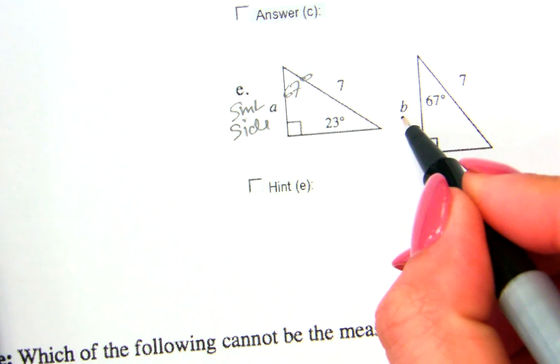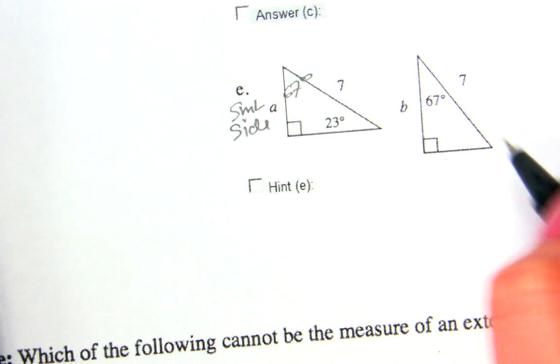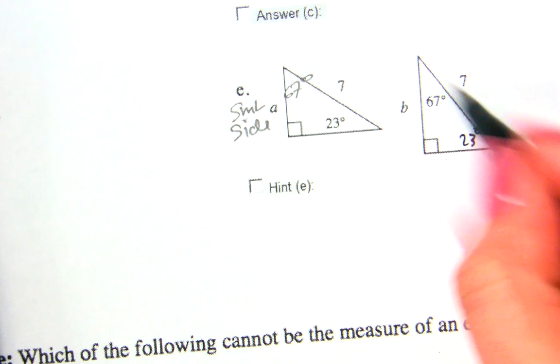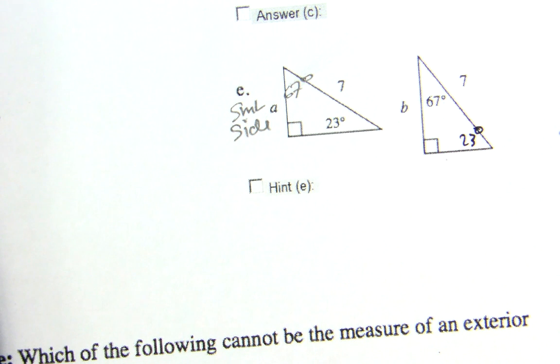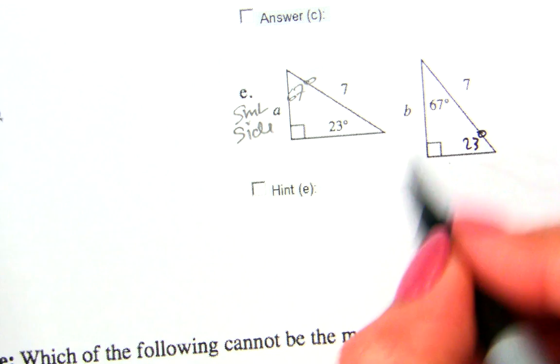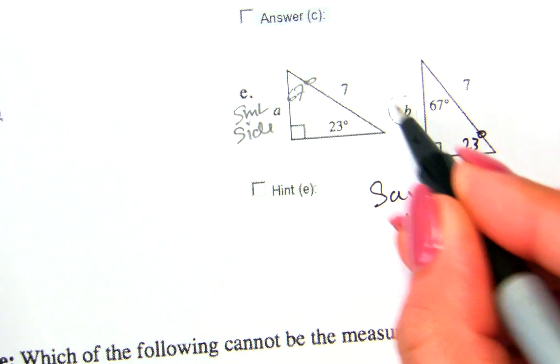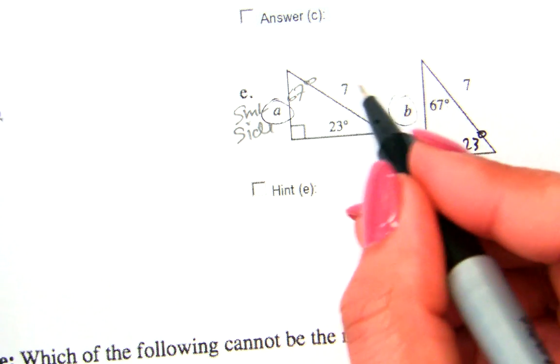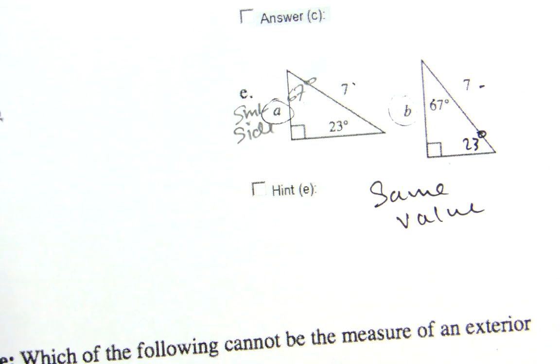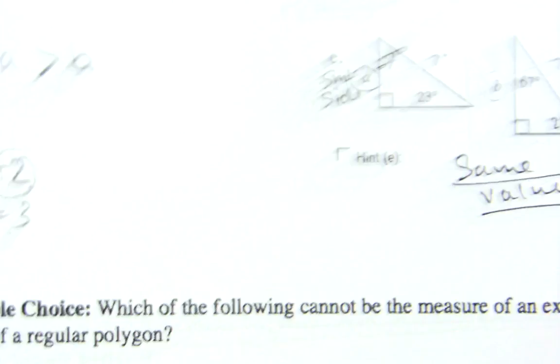That's 23 degrees. These are the same. A and B are equal. Same side, same value. 23 is across from B. 23 is across from A. The hypotenuse is the same. This angle is obviously the same. They're the same value. Okay, done.